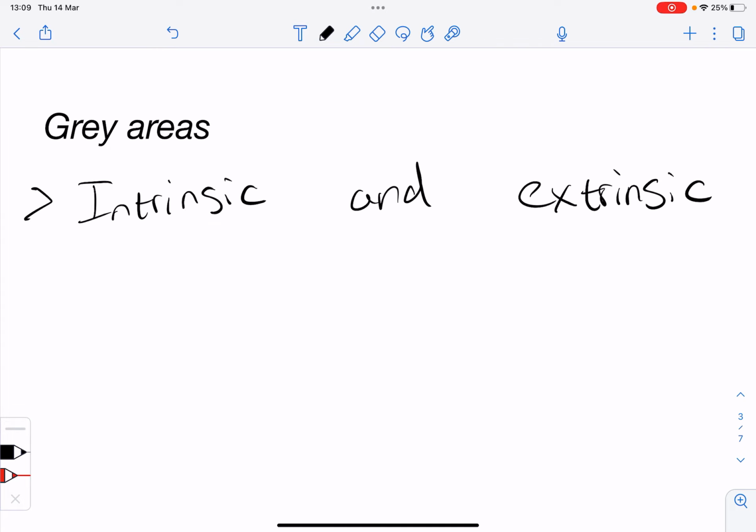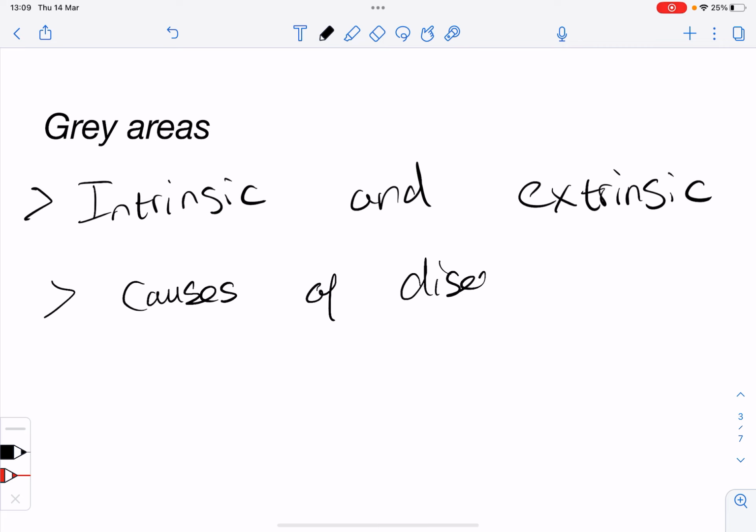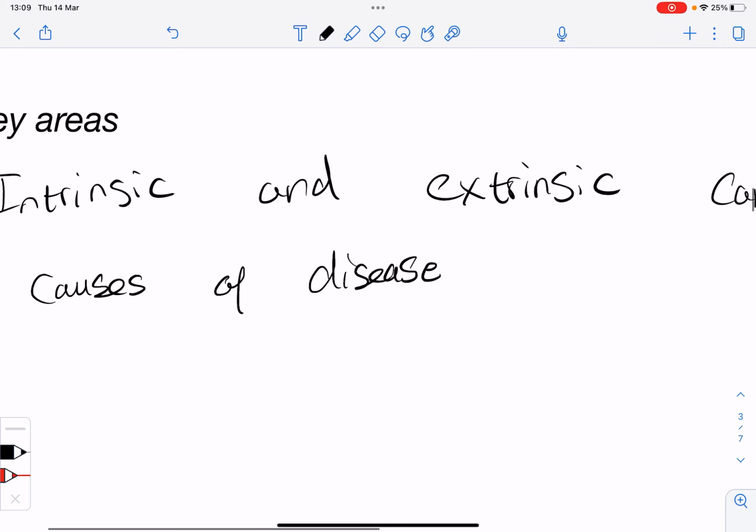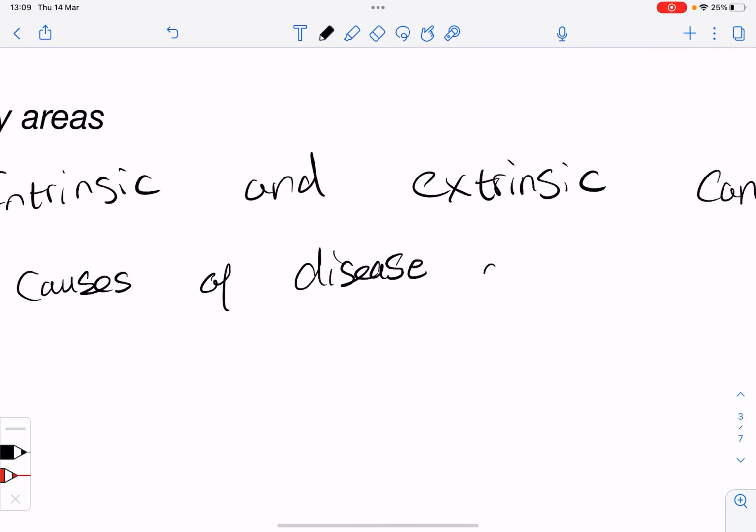So mostly these causes of disease are often a chain of events.